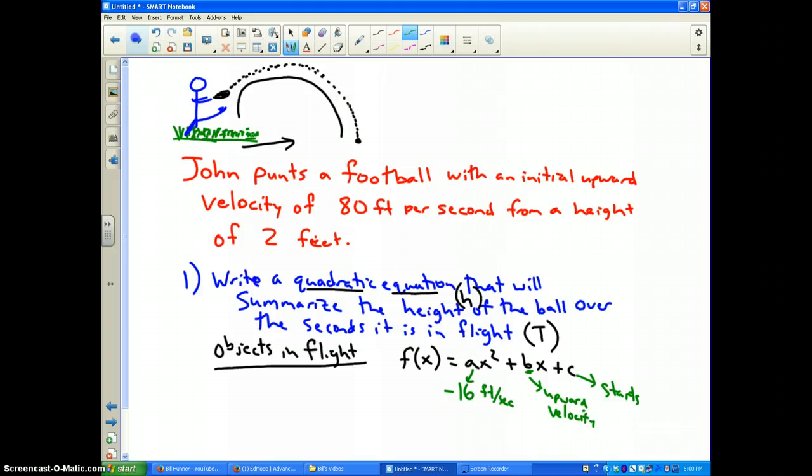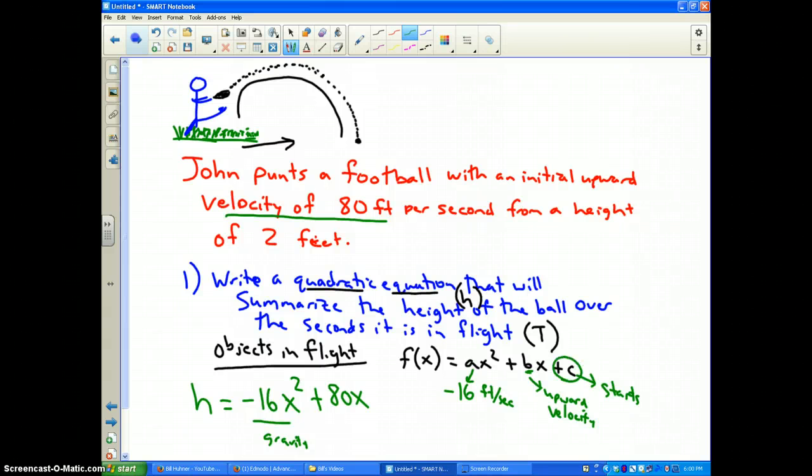So if I'm going to write my function, the height, h, is equal to, and gravity pulls the ball down, so that's negative 16x squared. That's always gravity. I'll underline that. Plus, since it's going upward initially, the upward velocity is 80 feet per second, so that'll be 80x.